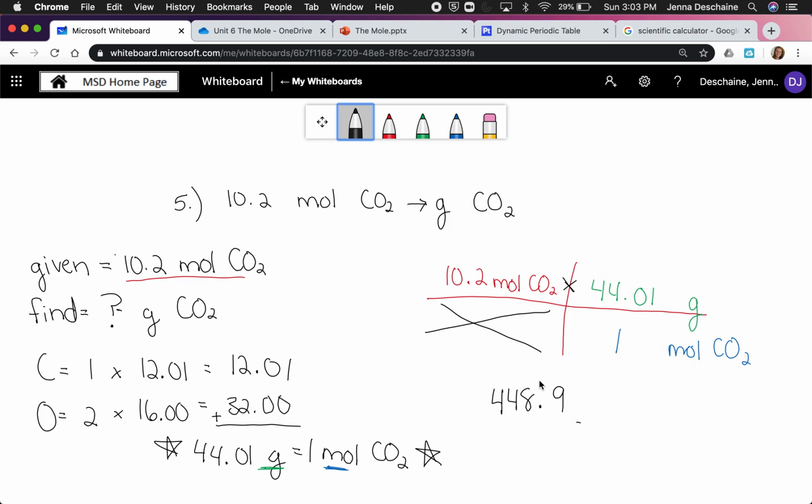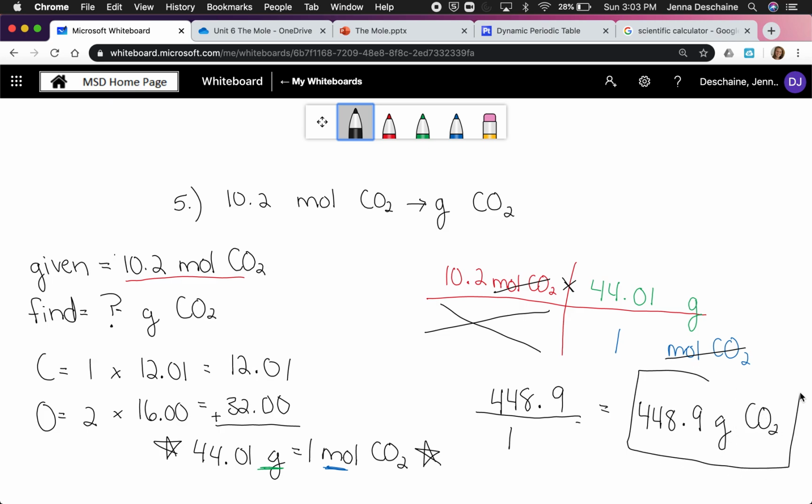Then I'm just going to divide that by 1 on the bottom. Remember, these units are going to cancel out, and I'm left with grams. So that means that 10.2 moles of carbon dioxide is equal to 448.9 grams of carbon dioxide. So that would be my final answer.